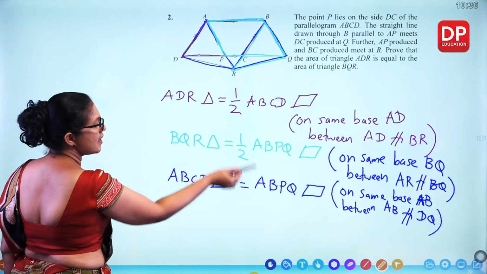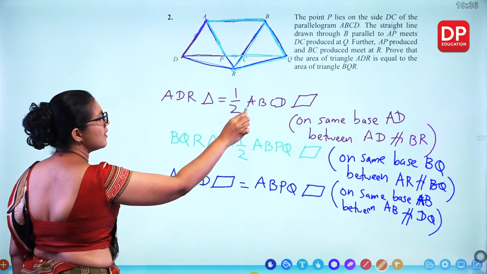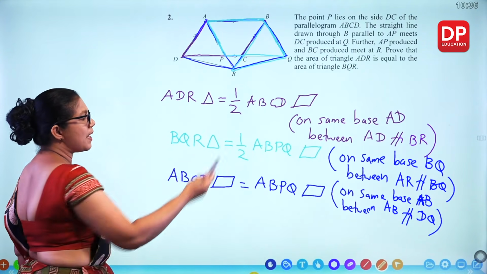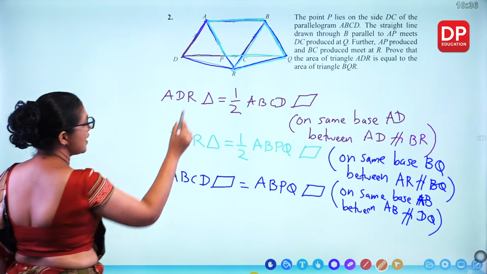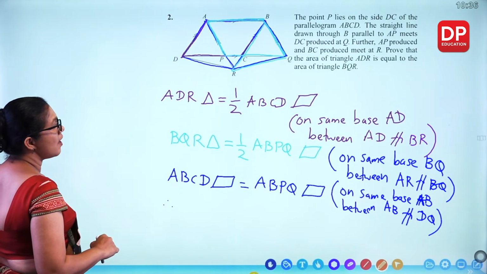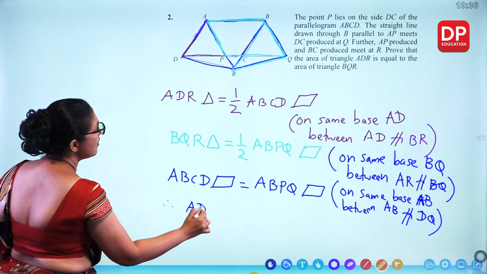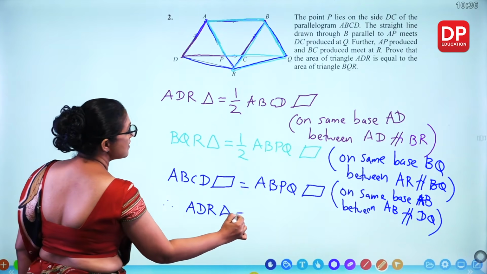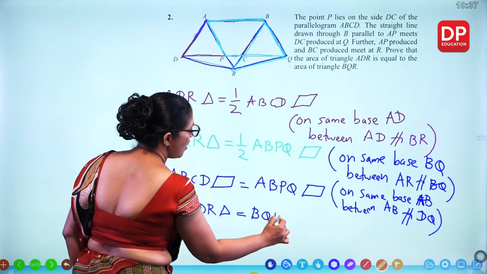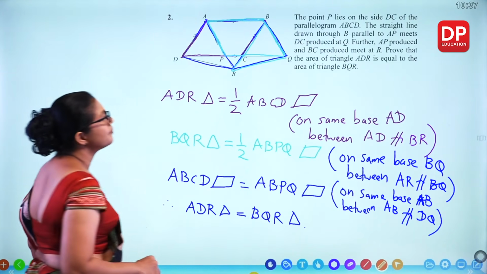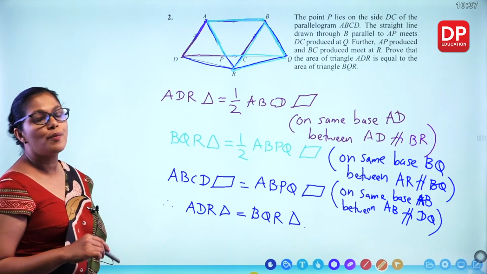Now what can you say? These two are equal and multiply by half. Because of this, we can straight away write down ADR triangle is same as BQR triangle. That's what you have to prove.